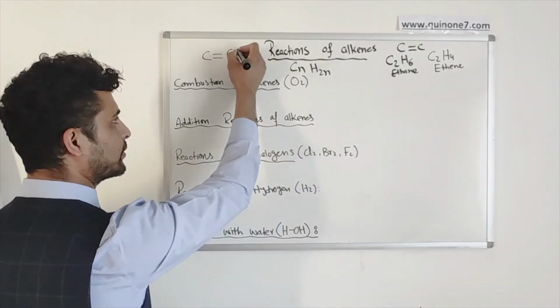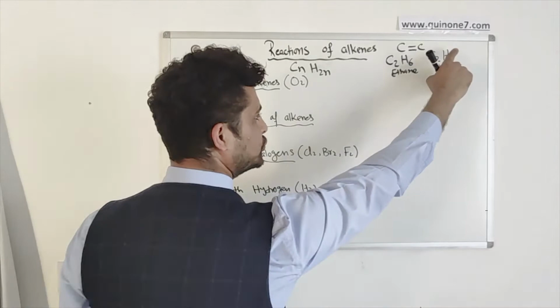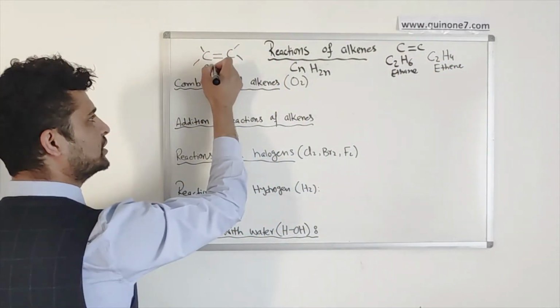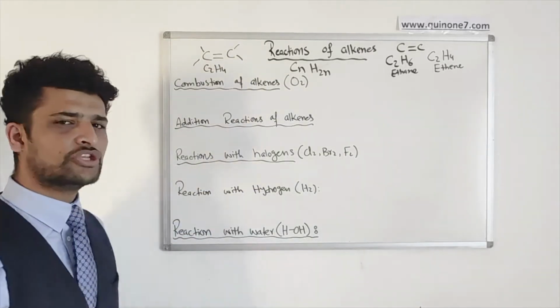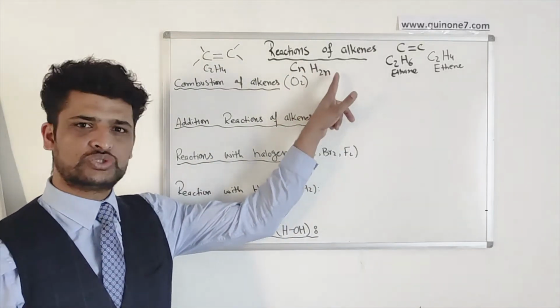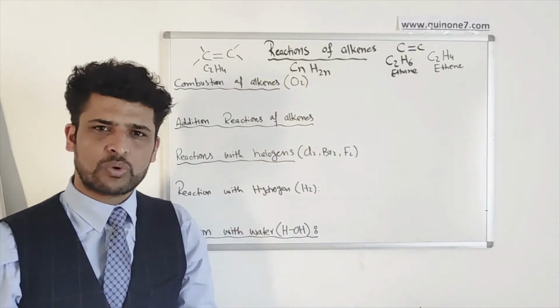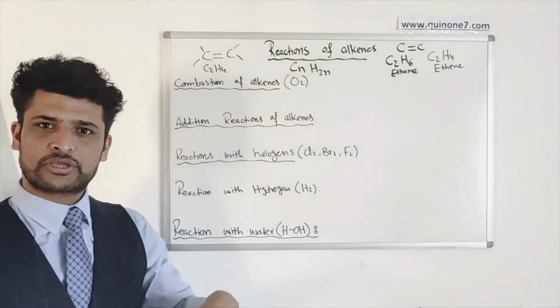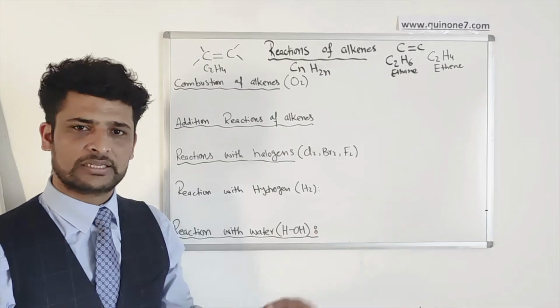Then I will put the two hydrogens on each carbon, which will make C2H4. The general formula is CnH2n. So if they talk about C1, C2, C3, you can put them in the general formula and predict the formula of all alkenes.